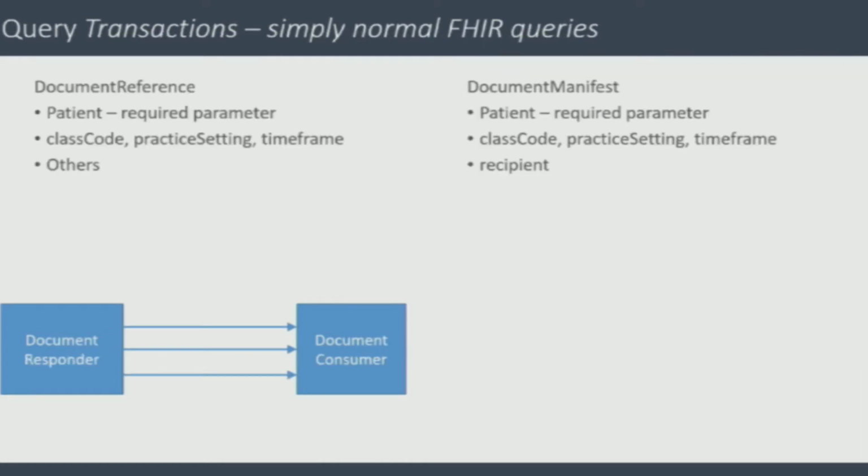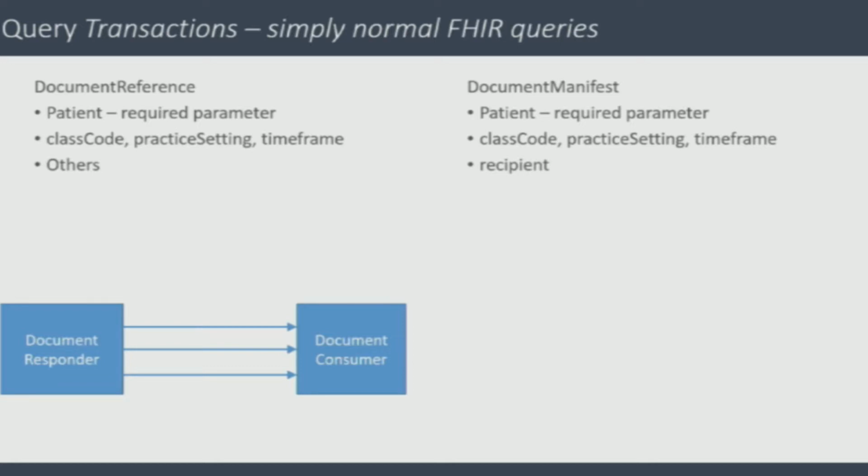The receiving side is made up of a document responder and a consumer. Document consumer is a typical actor name here. This is intended for when you already know what the patient resource is. So you've either used PDQM or PIXm, or just a query to the patient resource, to get the patient resource. You have to have a patient resource in your query.